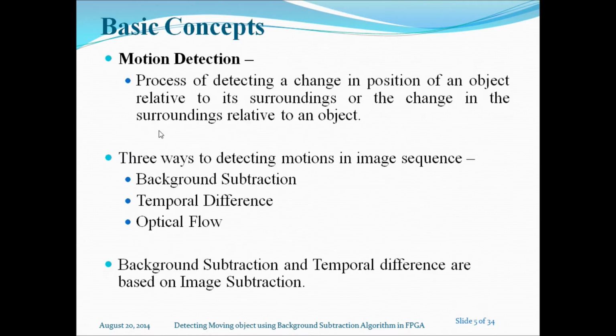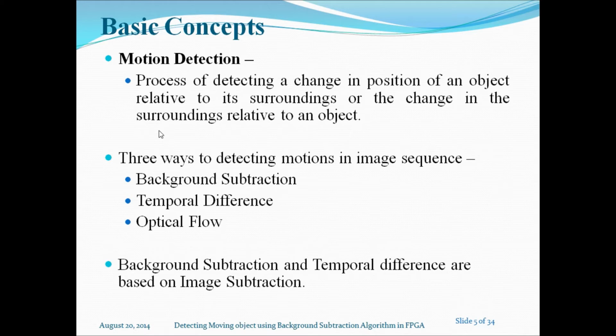Now let's look at the basic concepts that will help us better understand the proposed work. So far, I have talked about motion detection, but what exactly is motion detection and what are the various techniques that could be used to identify motion?